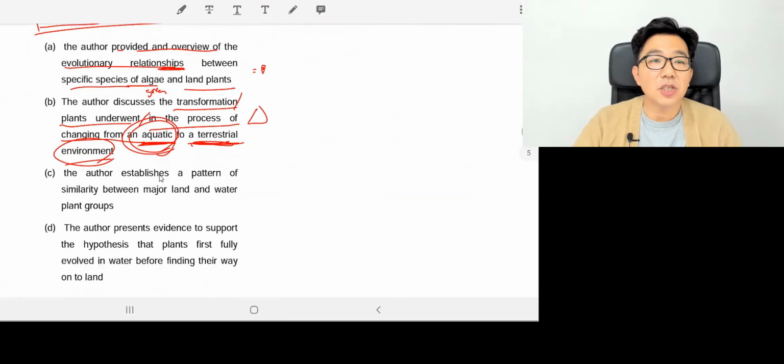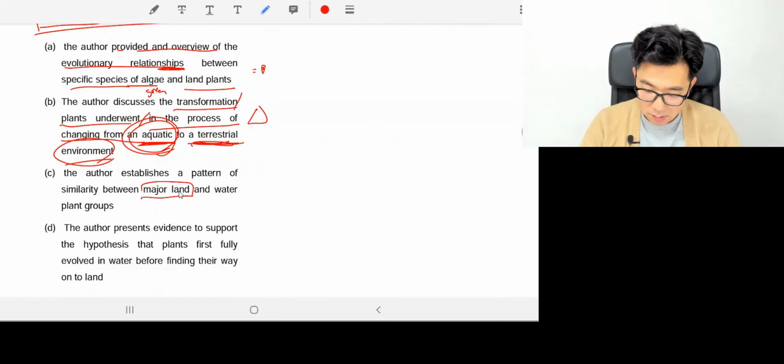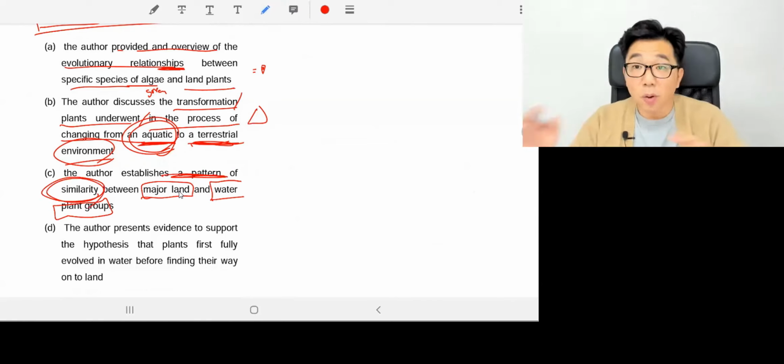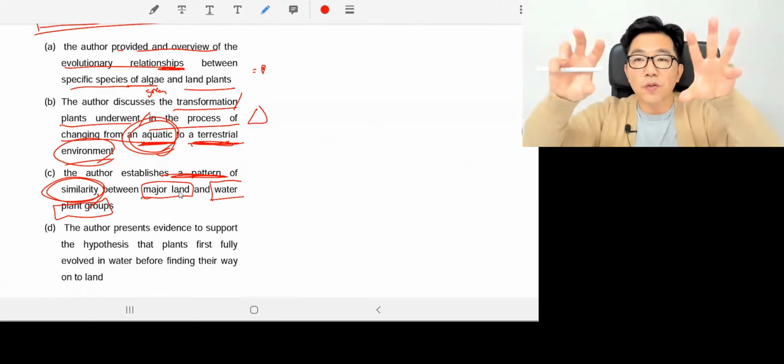That's the whole flow of the passage. C: the author establishes a pattern of similarity between major land and water plant groups. Definitely not. The whole passage is not about a pattern of similarity, like this is similar, this is similar, when you compare these two things.